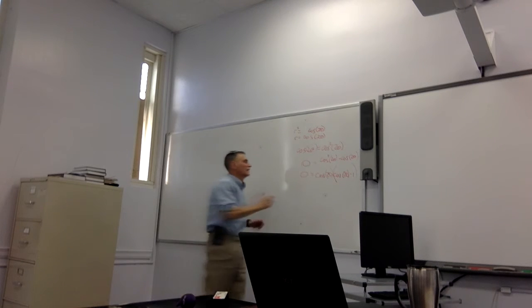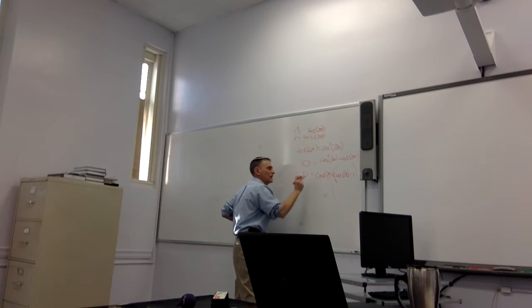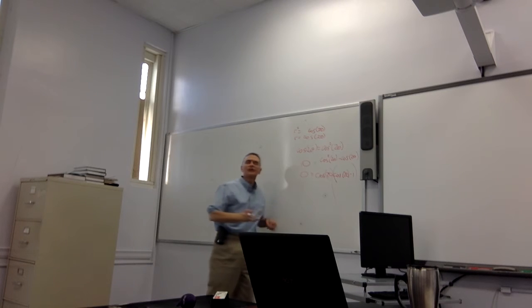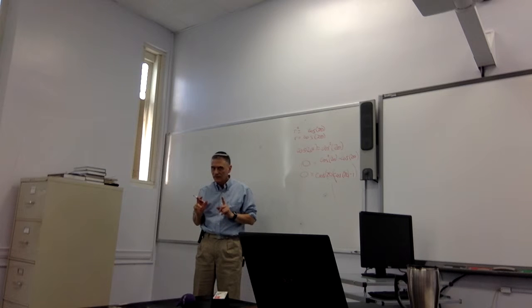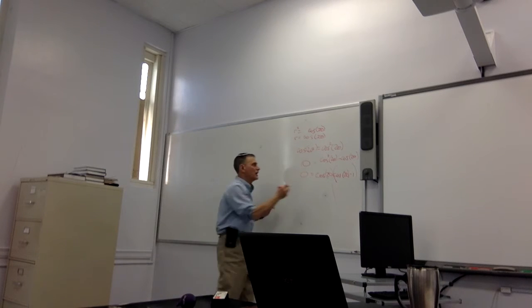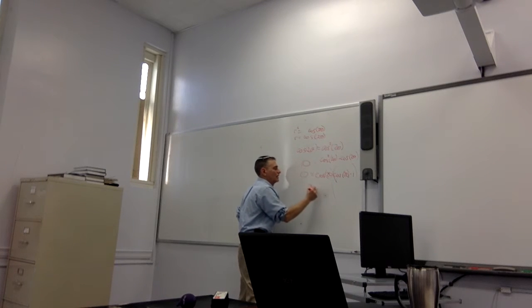Okay, so for this one, if cosine 2 theta equals 0, what's the angle? 90, 270. Good. Angle 2 theta could equal 90 or 270, implying that theta could equal 45 and 135.